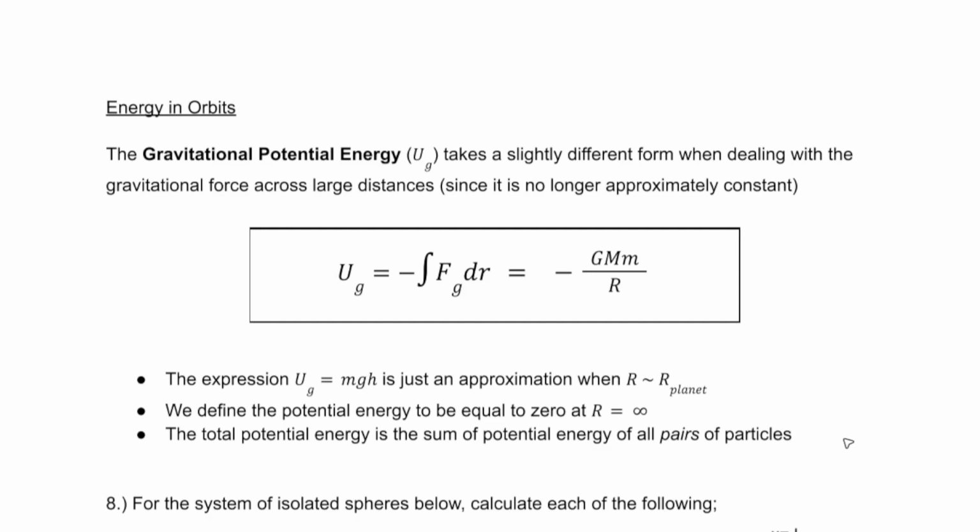All right, so we're going to talk about energy now for gravitation. And the reason we have to define a new potential energy is because we have an updated equation for the gravitational force.